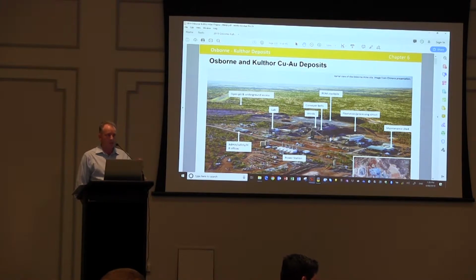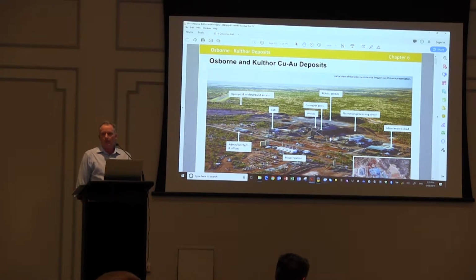We've used Greg Morrison's work at Coulthor extensively. We've used the material from the Deep Mining Queensland report that came out in 2017 rather extensively, and various other reports that are referenced in the Atlas.